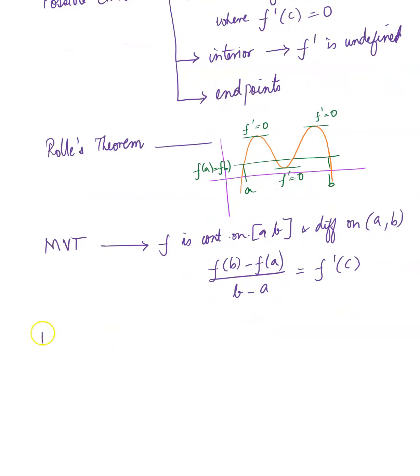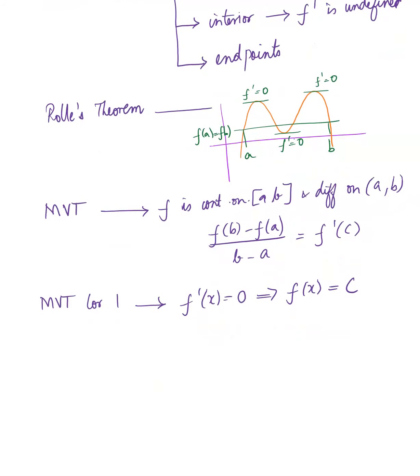And then based on MVT, we had some corollaries. Corollary 1 said f prime of x equals 0 implies f of x must be constant. If the first derivative is 0 throughout the graph for all x's, the only way it's possible is if it was a horizontal line.